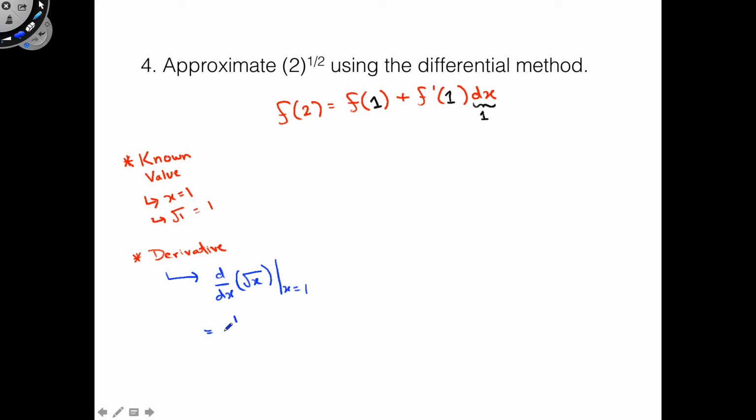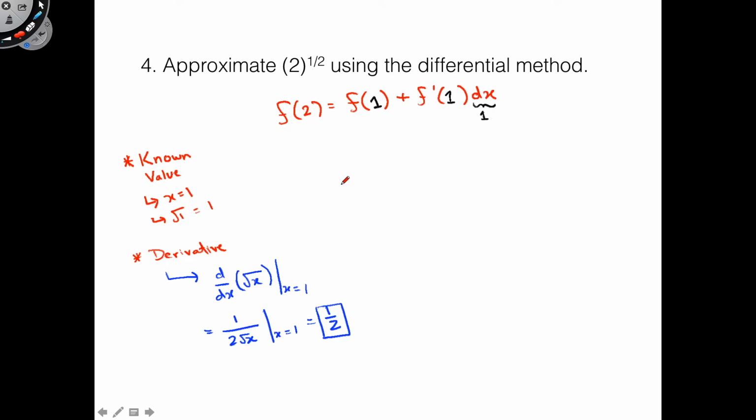This ends up being 1 over 2 root x, or 1/2 x to the negative 1/2, same thing, evaluated at x equals 1, which is just 1/2. This is actually the same function we used in the theory video, so you might remember this as being familiar, right? Now let's just plug everything back in.